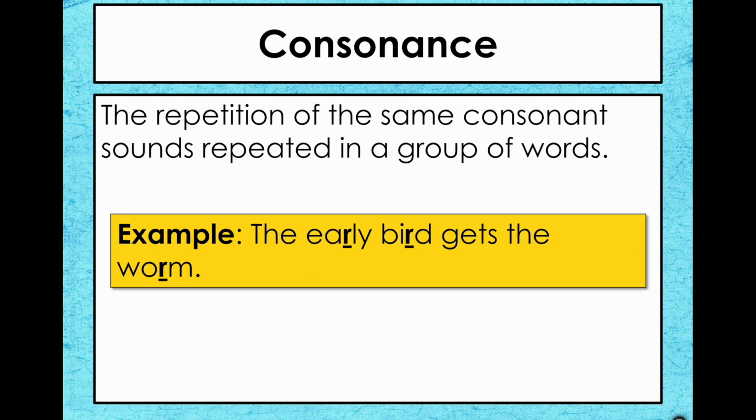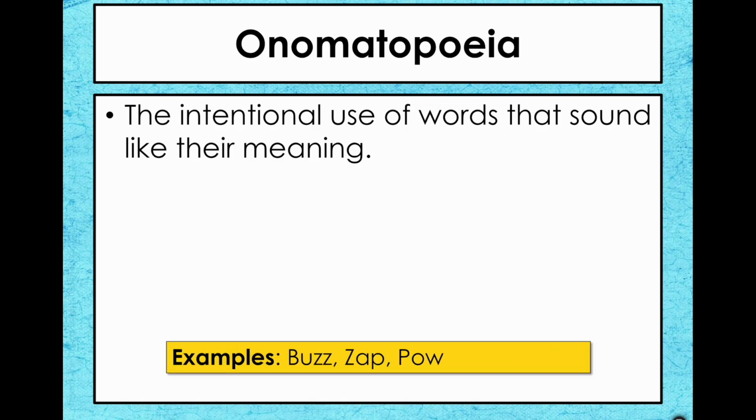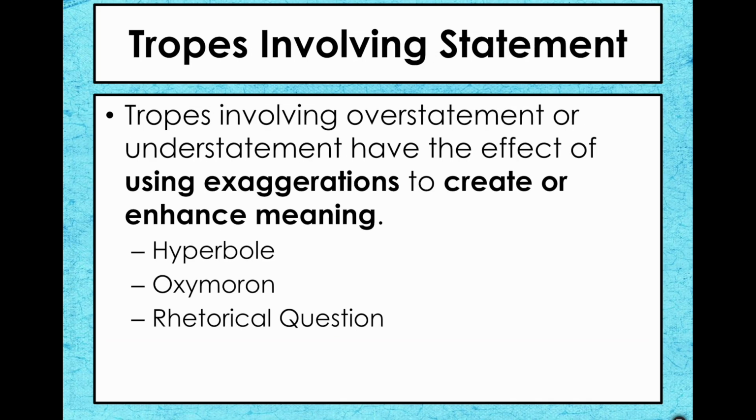So slightly different from alliteration, where alliteration is at the beginning of the words. Consonance is typically inside of the words, but is also repeating the same consonant sound. Onomatopoeia is the intentional use of words that sound like their meaning. These ones y'all probably learned a really long time ago, like in elementary school.